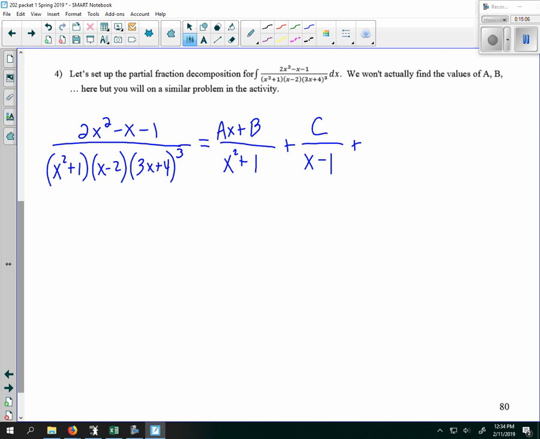For my repeated linear factor, I need to have a fraction for the linear factor, another one for the linear factor squared, and one more for the linear factor cubed. If that 3x plus 4 were to the fourth, I would need one more for 3x plus 4 to the fourth, and I just need constants on top of each of these, d, e, and f.